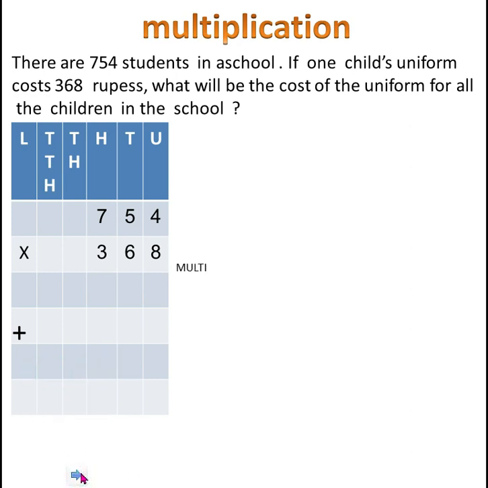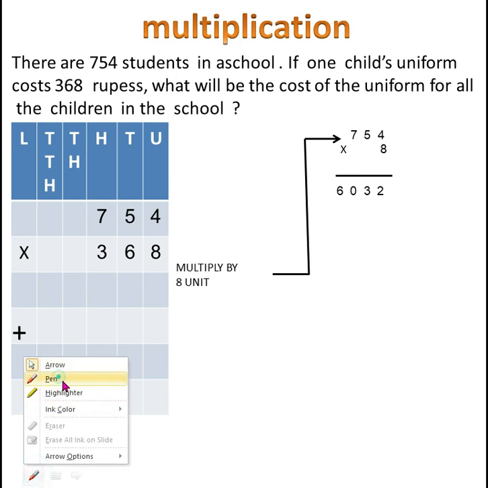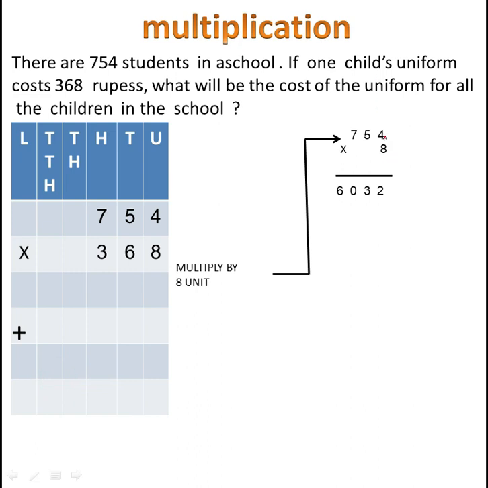Then first you multiply 754 by 8 units. 754 into 8 is equal to 6032. We solve this example. 8 into 4 is equal to 32.